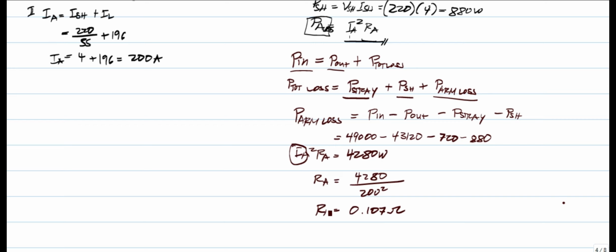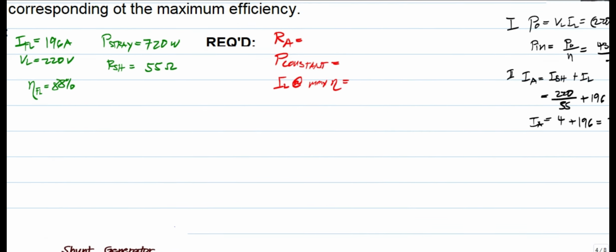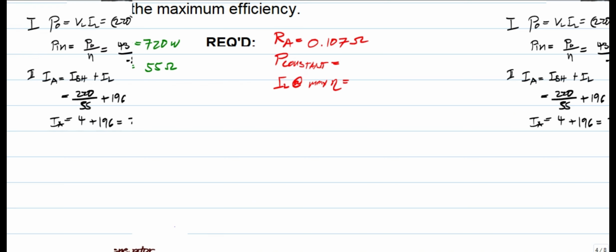So we have Ra of 0.107 ohms, which is missing here. P constant is the shunt loss plus the stray loss.